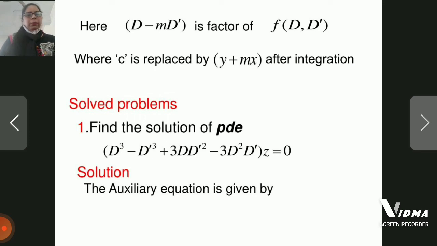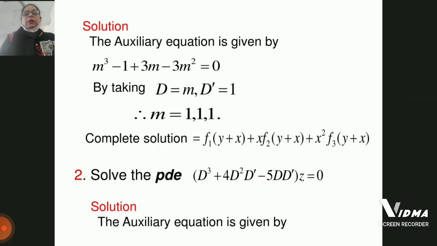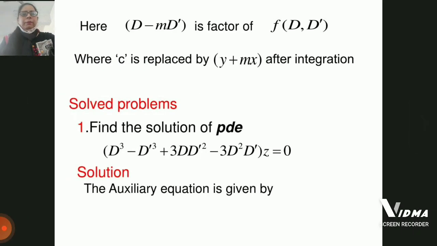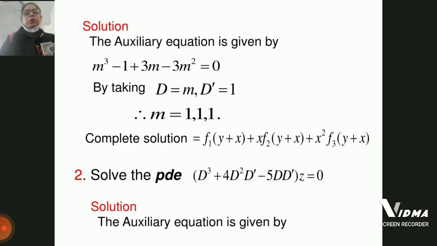The auxiliary equation of the given equation is m^3 - 1 + 3m - 3m^2 = 0. We are putting D equal to m and D' equal to 1, and we get this auxiliary equation.